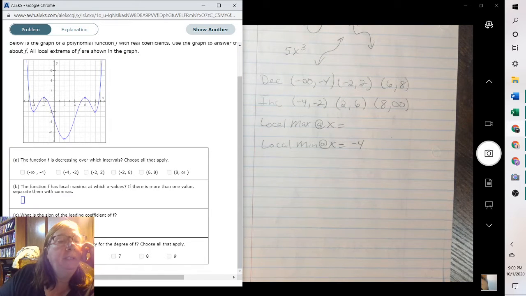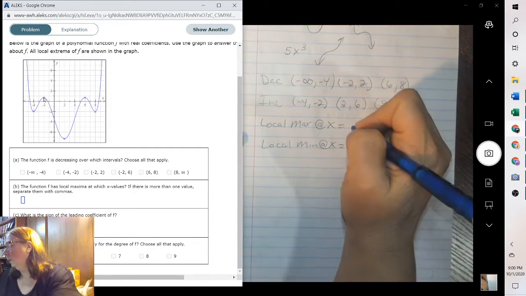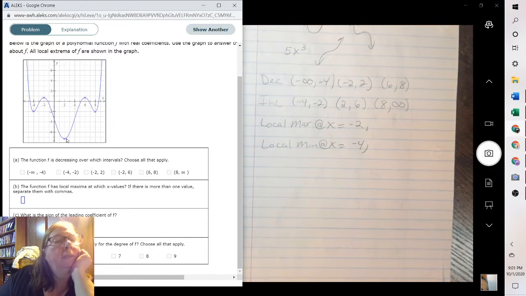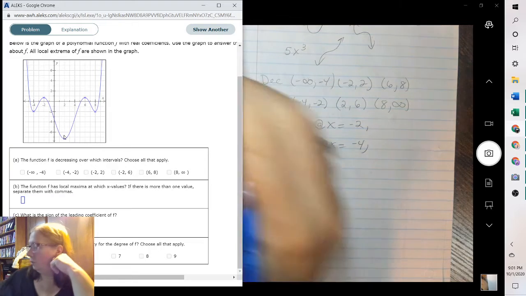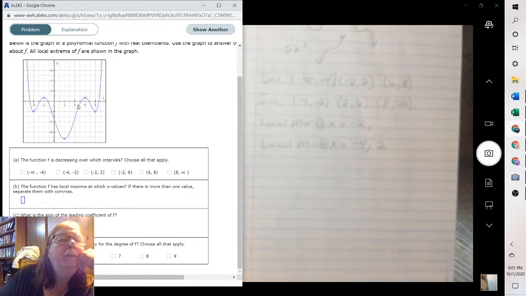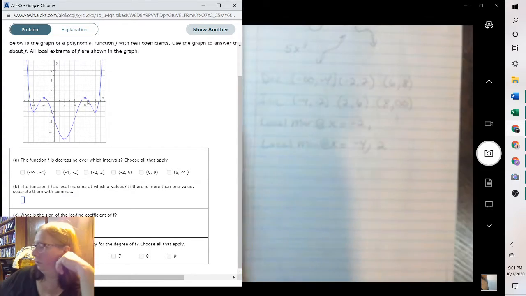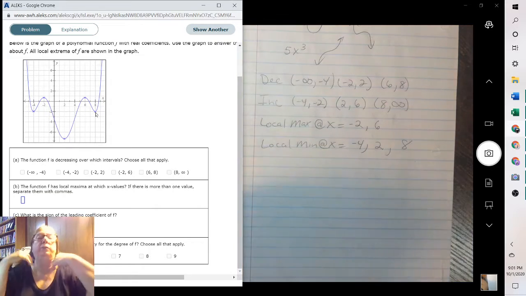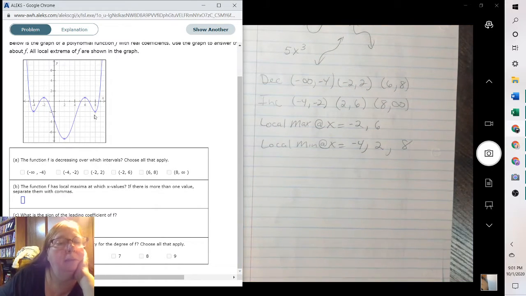Then where the next increasing and decreasing change is at negative 2, and that's a high point. So that's a local max. Then this one is a min at 2. Notice it's always where increasing and decreasing change. And then up at 6 is another max, because it's a high point here. And one more min at 8. So those high and low peaks are the mins and max.